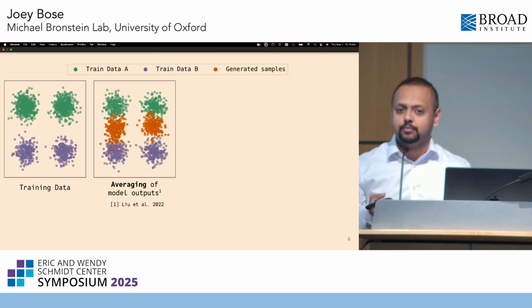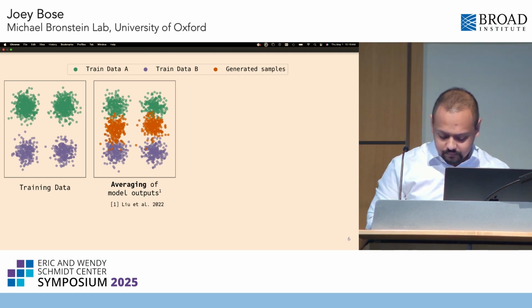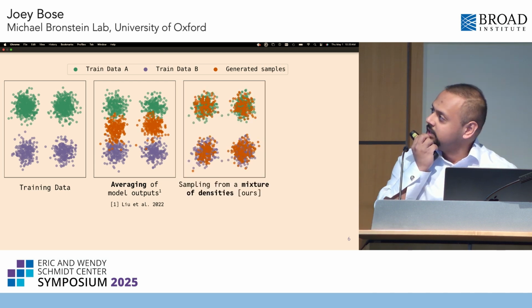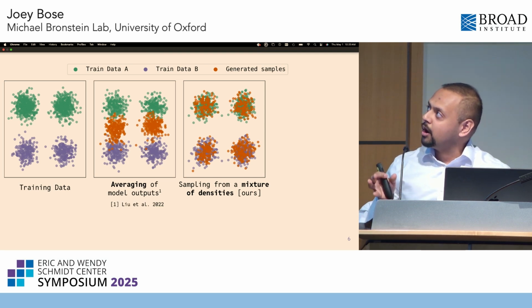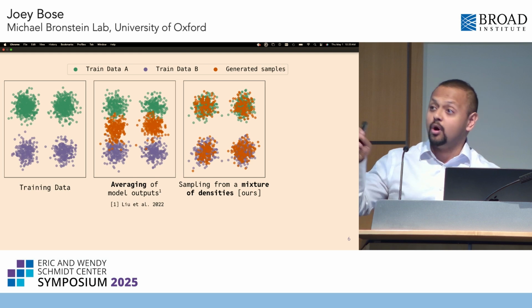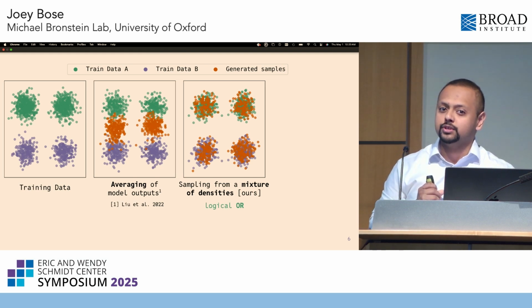But these generated samples don't have the benefit of either data set, so you haven't really accomplished a whole lot. Instead, what you could do is sample from the mixture of densities. In this case, you would get a model that acts as if it was a mixture of models, so you get samples from all the different modes. Intuitively, this is like doing a logical OR operation between models.